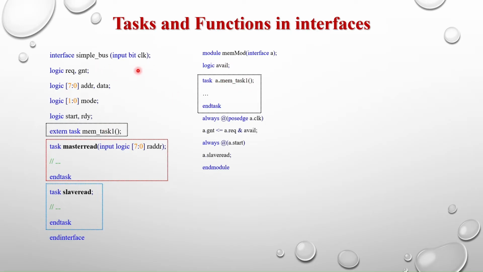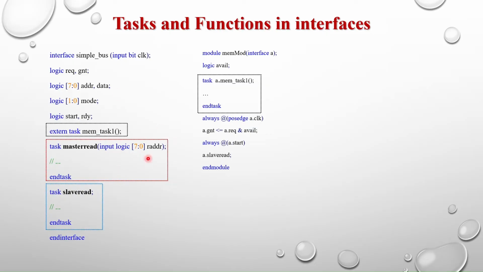A dot means interface name. So here interface A, I'm using generic interface, an unspecified interface, a dot mem task 1. So when the task is defined using the hierarchical name, that task must be declared as extern in the interface. So this task is extern, this is outside the interface, right? That's why the extern keyword. If you have used modports, then you have to use the export keyword.